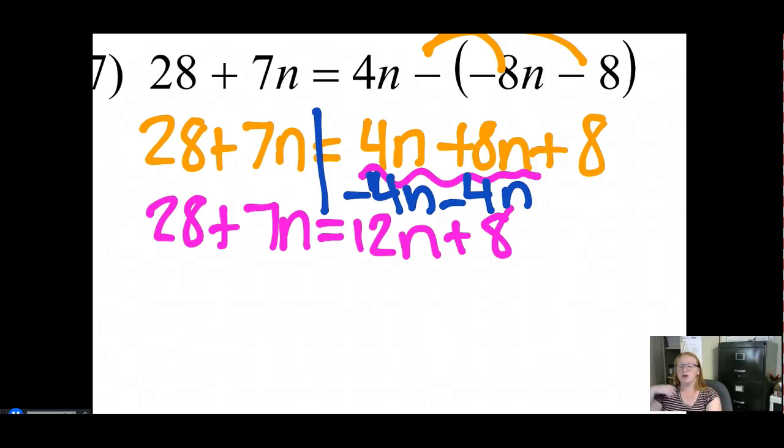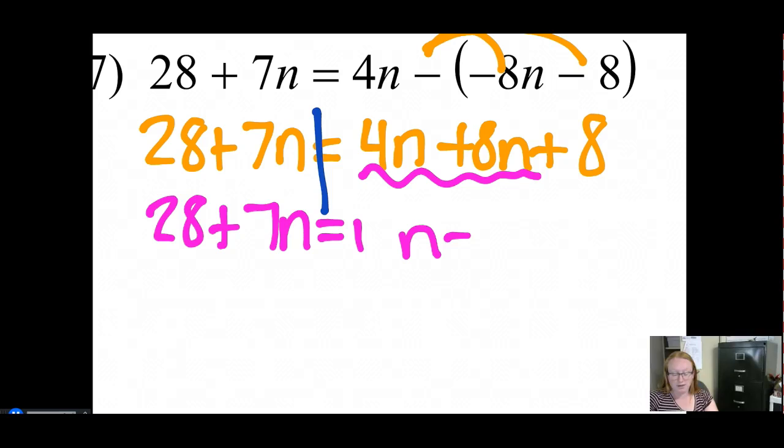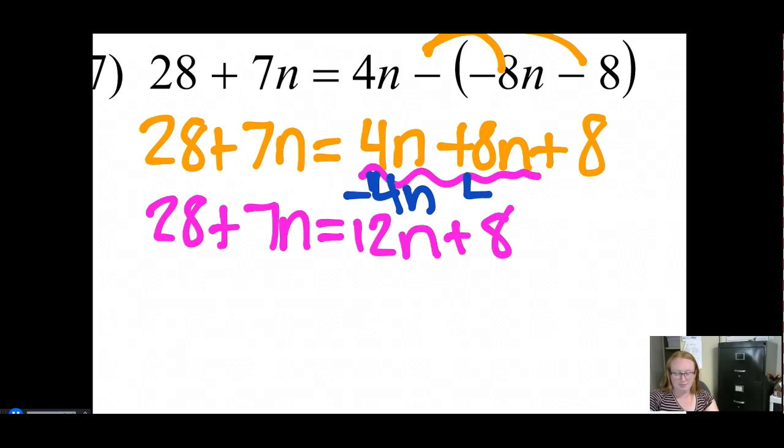Okay? So you did double on your right, you did nothing with your left. It's not okay. We got to make sure that that gets taken care of. So I am allowed to combine like terms because it was on the same side. I am not allowed to do properties of equality and not put it on two different sides.